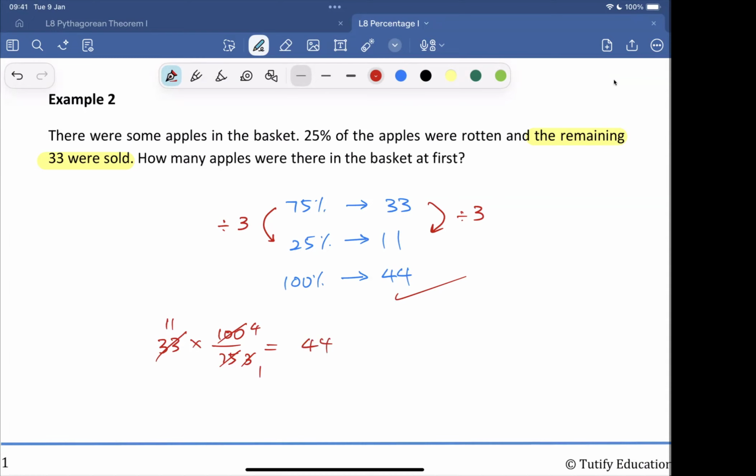Thank you. Very good, Santosh. Well done. So students, what did we learn from this? We learned that one whole is 100%. After you find out how many percent, you can just simplify it. 75 becomes 25. From 25, you multiply by 4, then you'll be able to get 100. Any questions? Raise your hand.